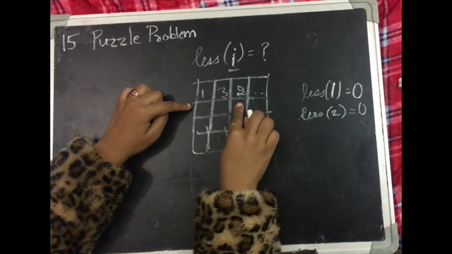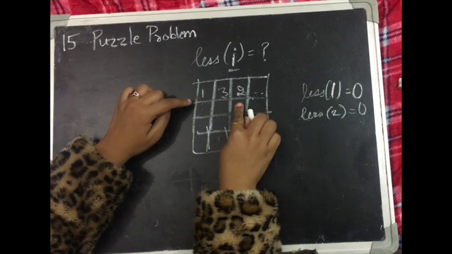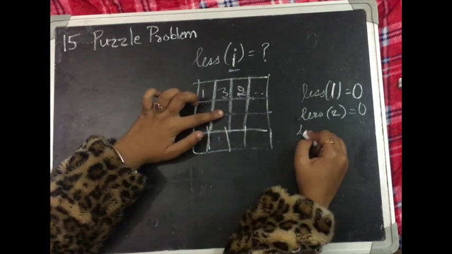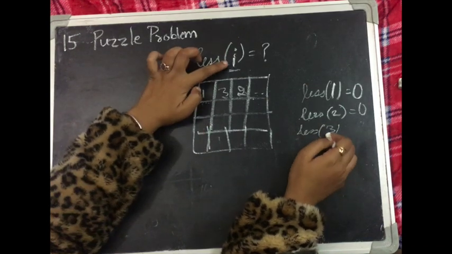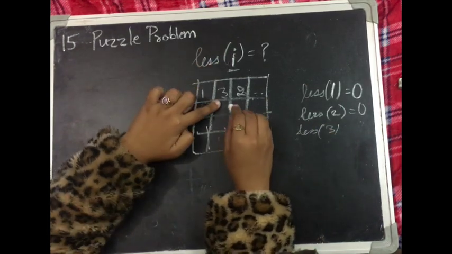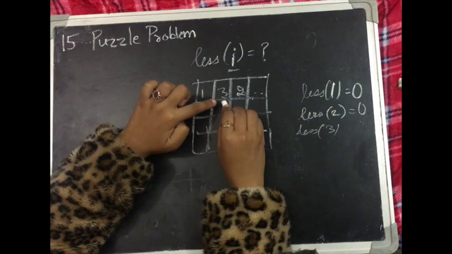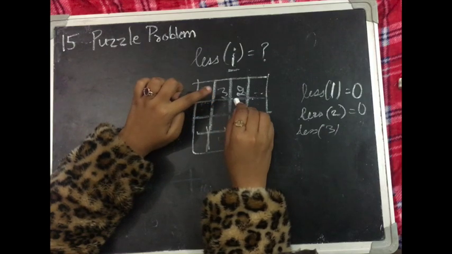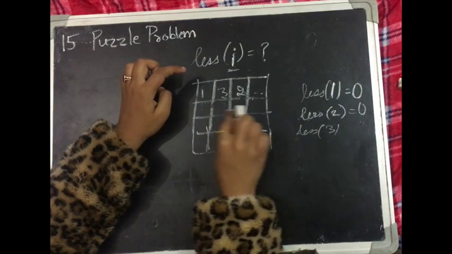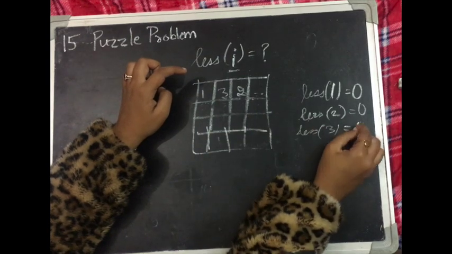That is, there is one number lying after my number. So less of I, here I equal to 3, counts all those numbers which are smaller than it but are lying in front of it. So that is equal to 1 over here.